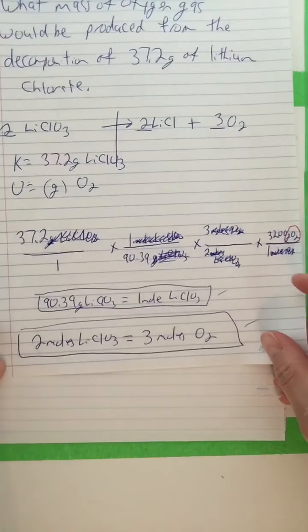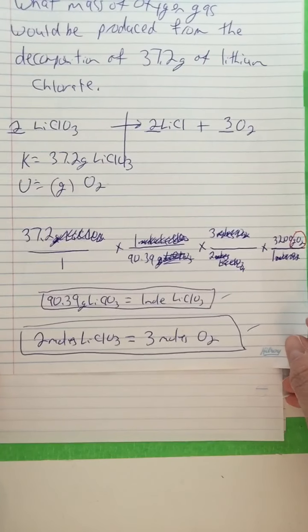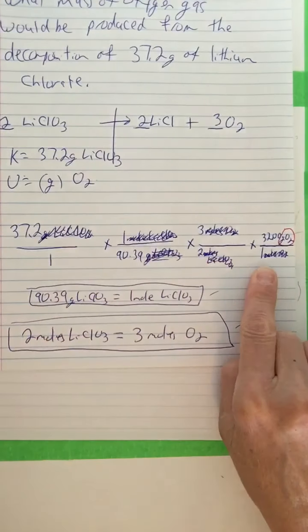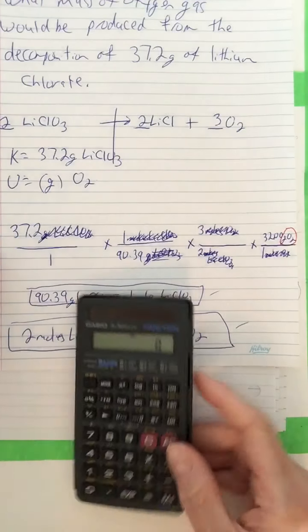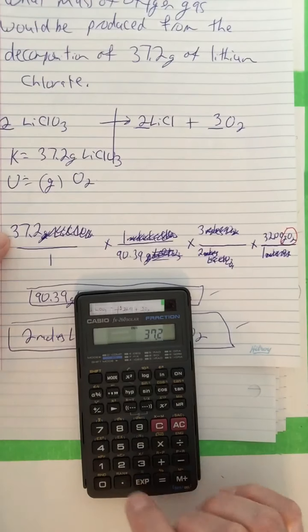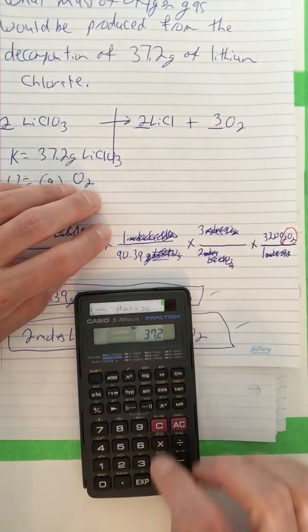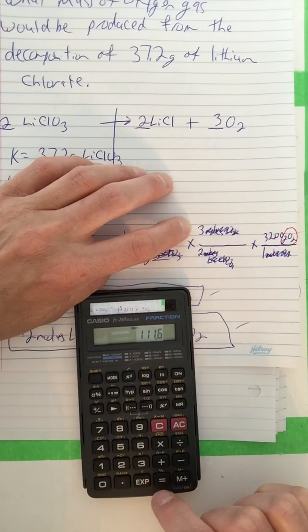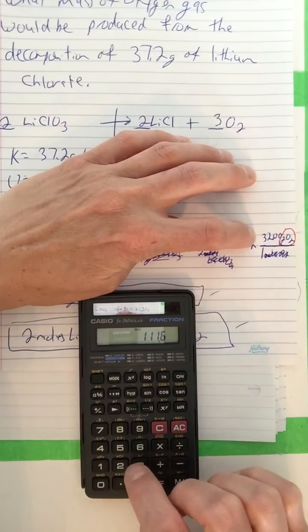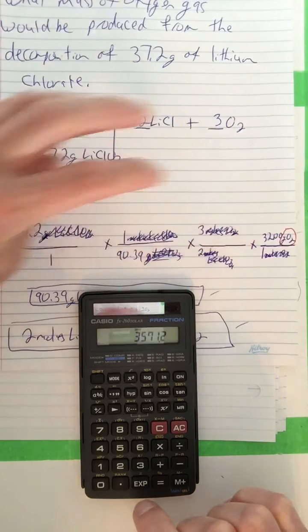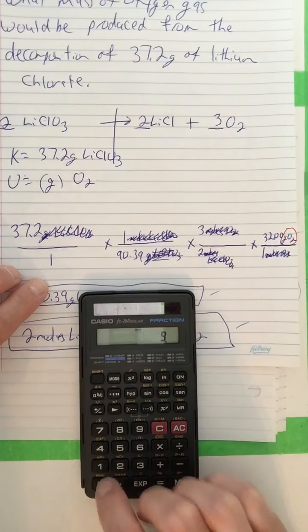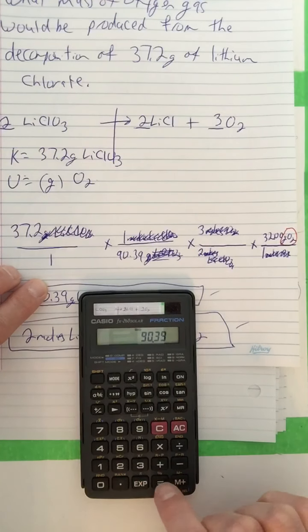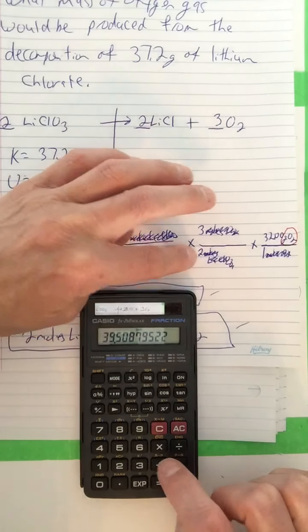So let's bring it back into line here, so hopefully you can see it all. And then I'm going to do the math. All right, let's start. I've got 37.2 times 1, which I don't do, times 3. I always hit equals, times 32 equals, divided by 90.39 equals, divided by 2.